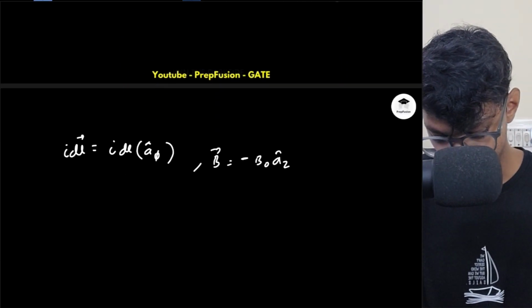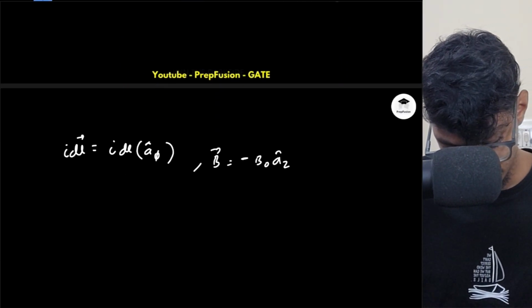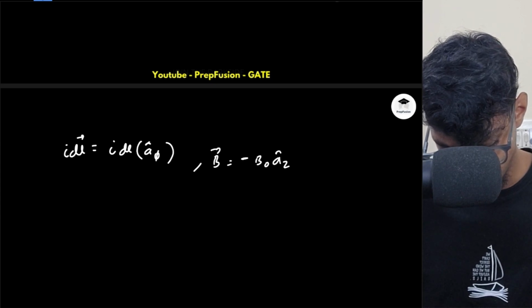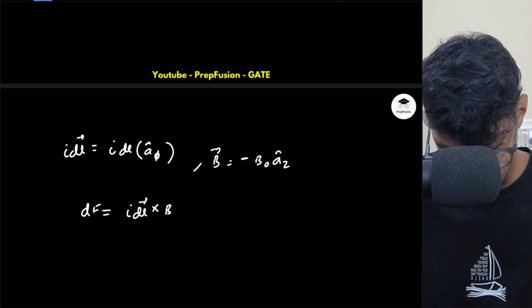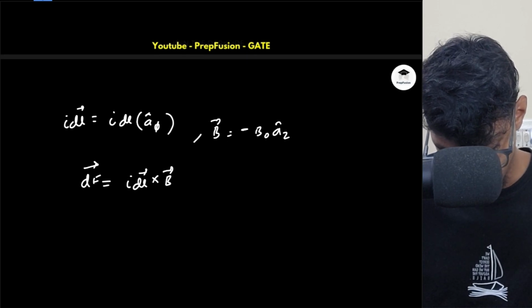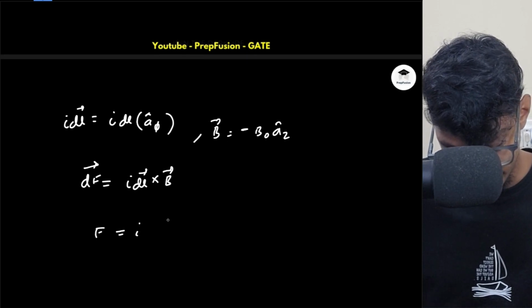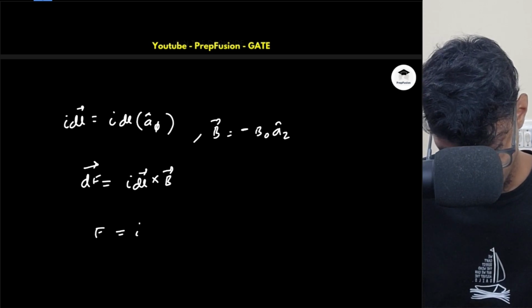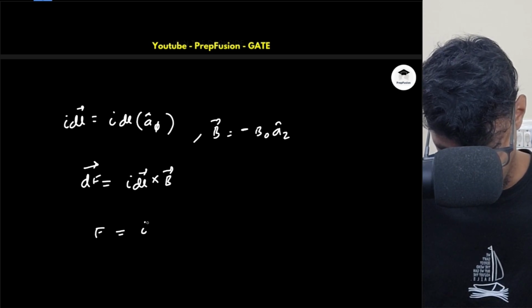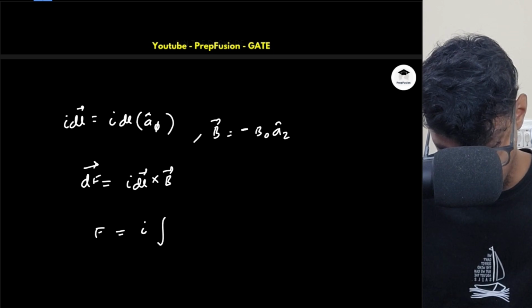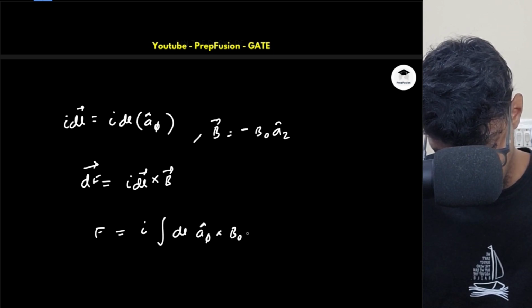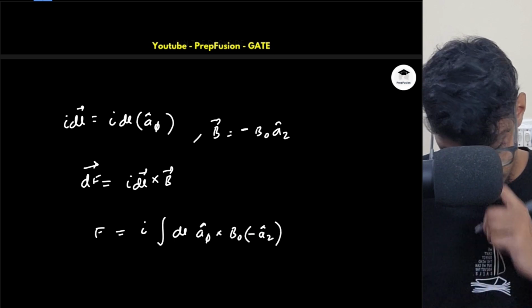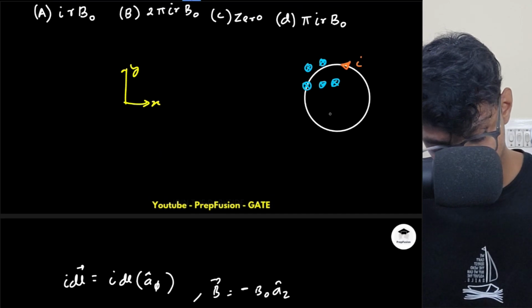Simply, your small force dF will be I dl cross B. So your net force will be I, outside, the integration of dl a phi cross B naught minus az, correct?